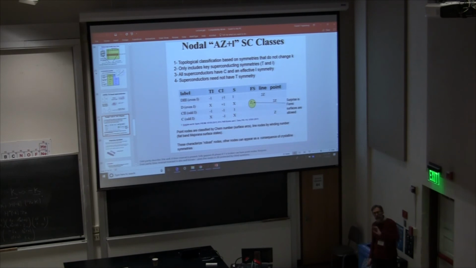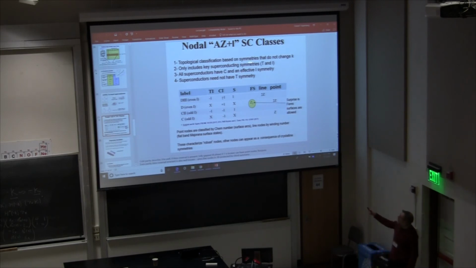And what I mean by that is you saw that we get even and odd parity gap functions, and so even parity is clearly inversion invariant, but odd parity changes sign on inversion, so you say, well, hey, I don't have an inversion symmetry. But in a superconductor, we also have a gauge degree of freedom, and we can multiply that sign change in the inversion part by a pi gauge transformation to get a net effective symmetry.